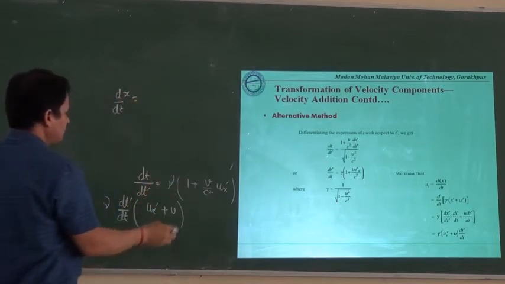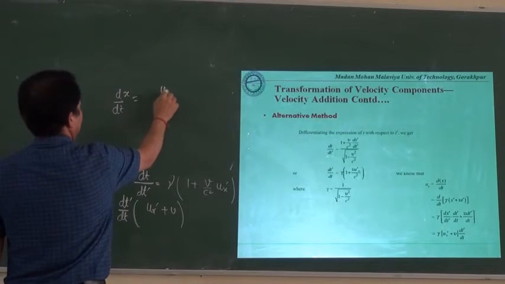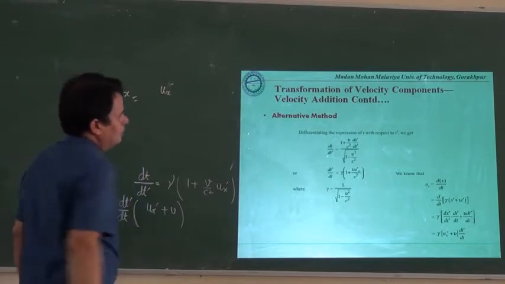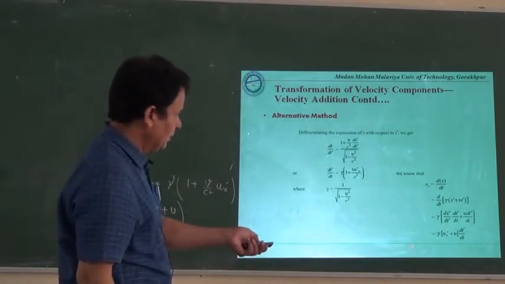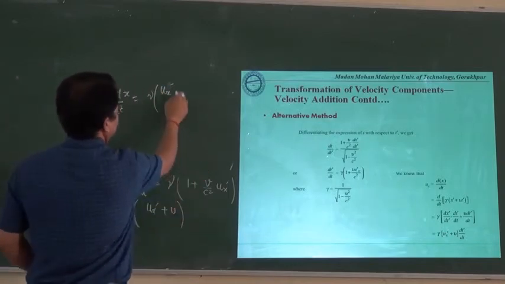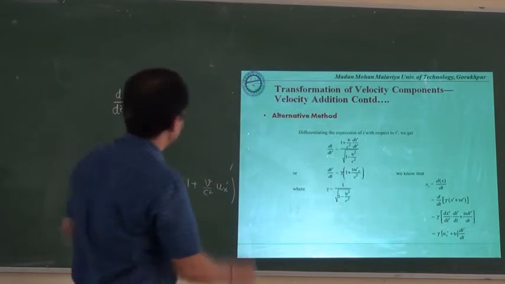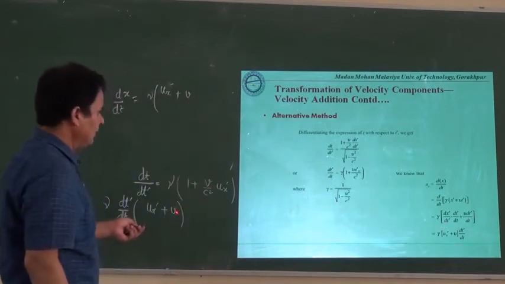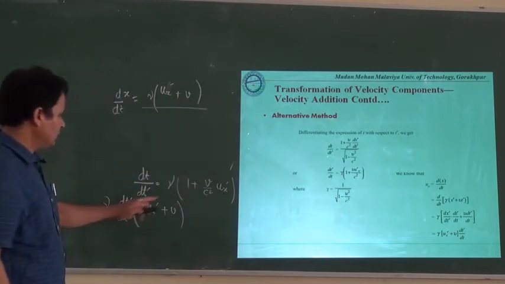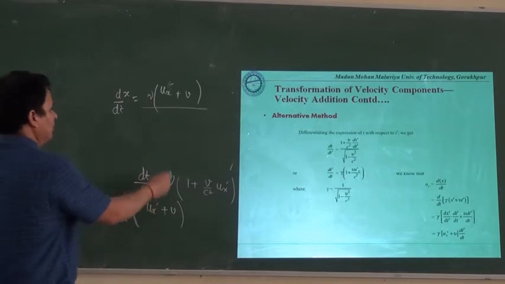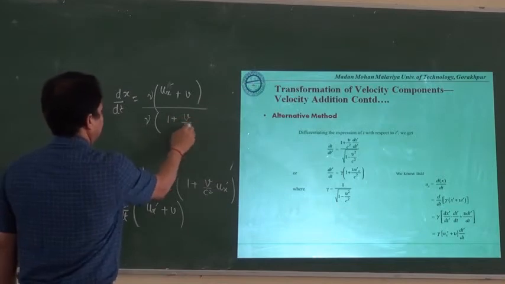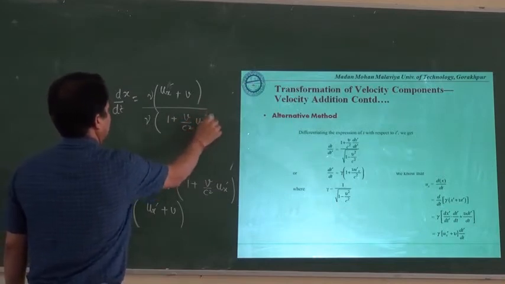This is equal to ux dash, gamma times ux dash plus v, what we have taken here, and here we'll have the reciprocal of this one, 1 upon this one. 1 upon this one is gamma, and 1 plus v upon c square into ux dash.